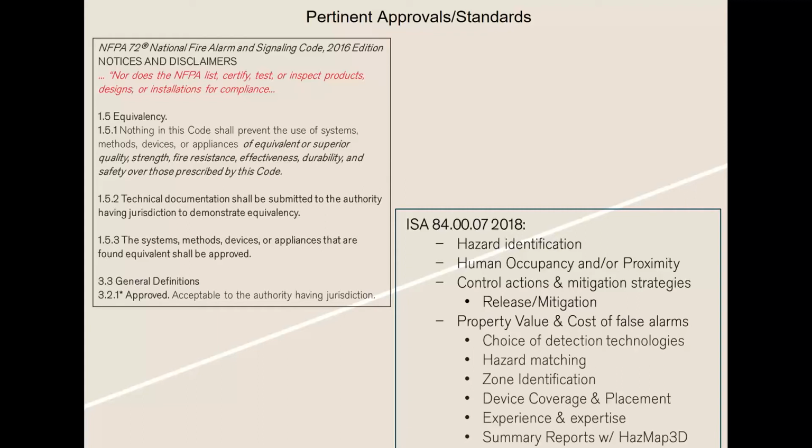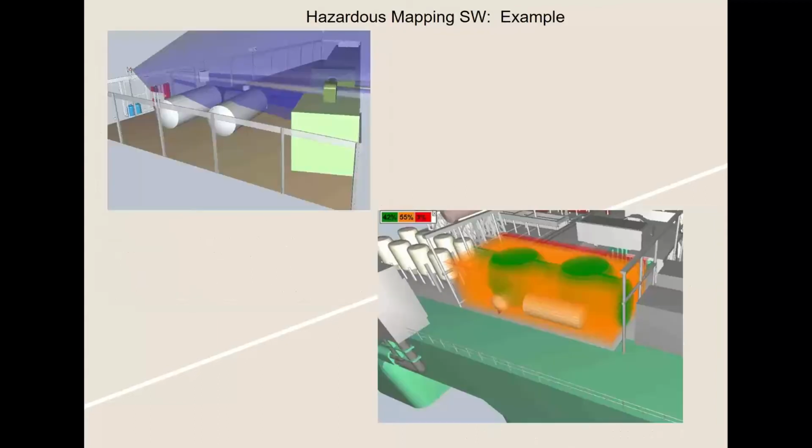Ours is called Hazmat 3D, where we can input a specific standard like an ISA 84, or we can use a standard that's been developed, say, by someone like a Chevron or an ExxonMobil, where they have internal standards of what the coverage might need to be.